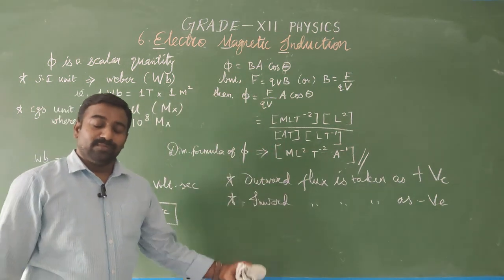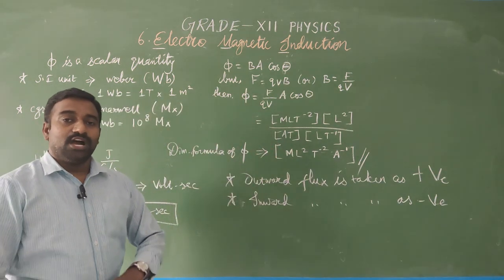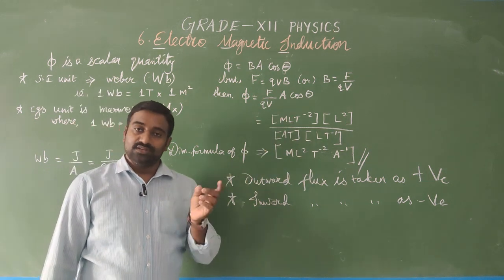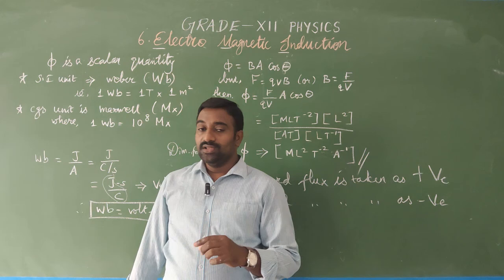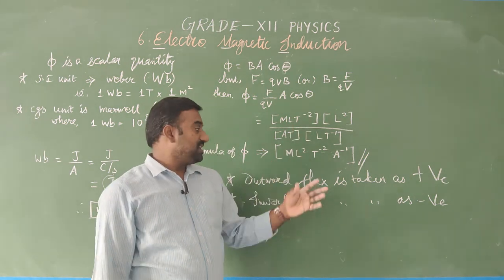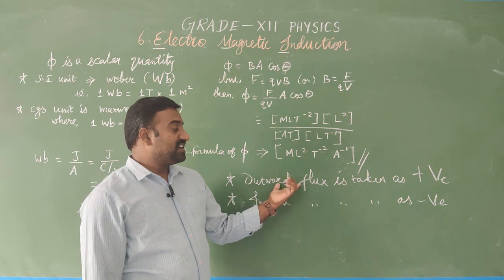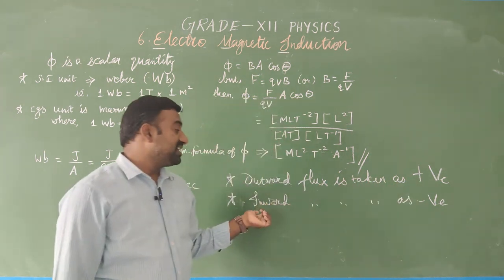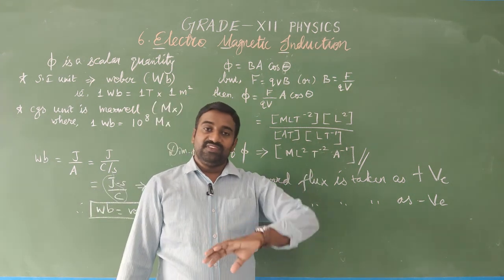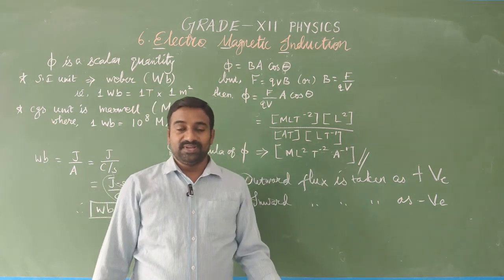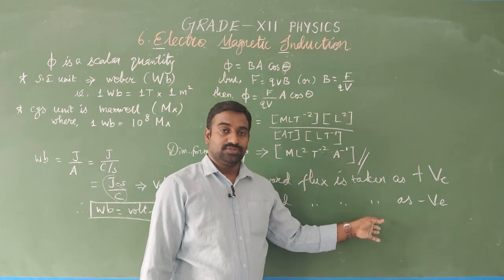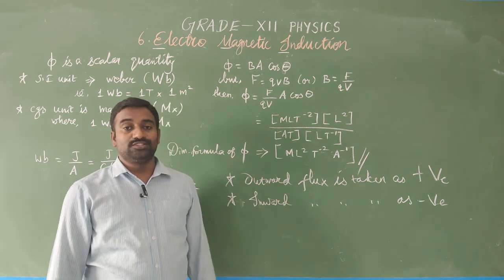It is like a positive charge, where the electric field lines emerge outwards. Similarly, outward magnetic flux is taken as positive and inward flux as negative. Like the north pole, flux is radially outward, so it is positive, and at the south pole the flux is entering, so it is taken as negative. We are going to use these cases in numerical solving.